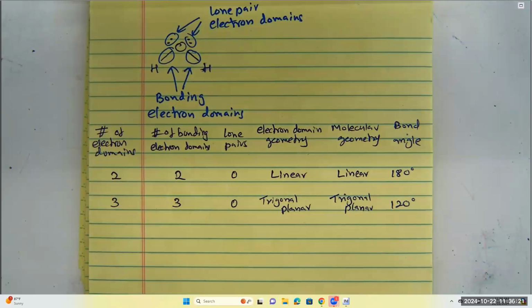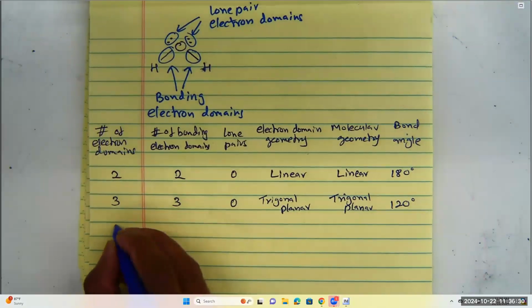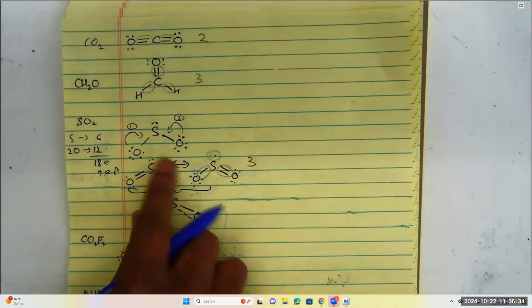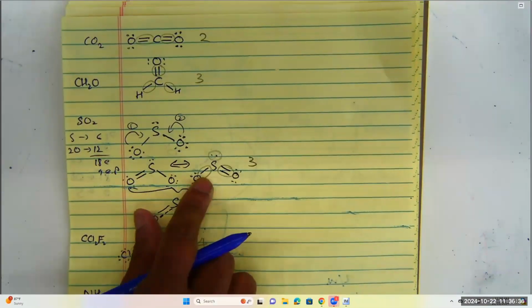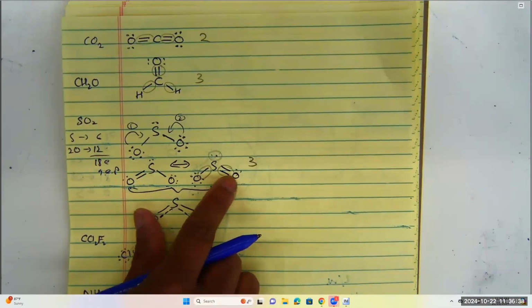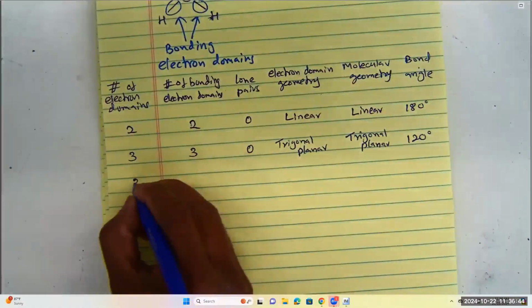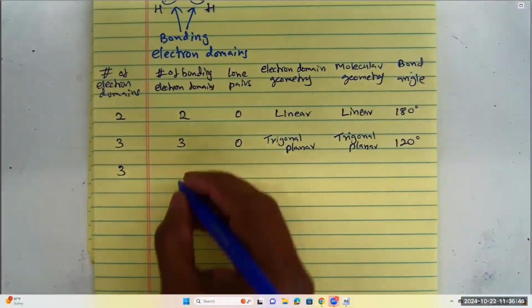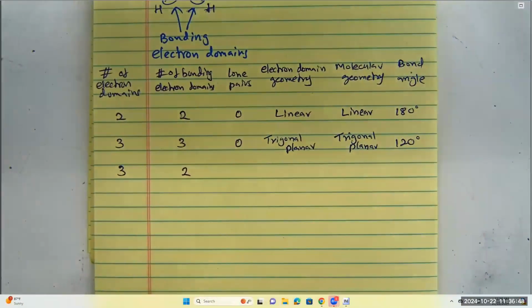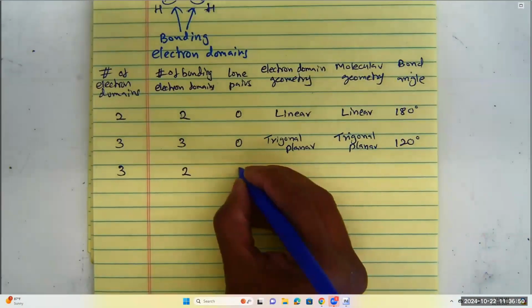I'm going to do one other example and then I'll take any questions you might have. I'm going to show you a deviation from this trend now. Say that we have something like SO2. We have 3 electron domains. Only 2 of them are bonding and 1 of them is a lone pair.